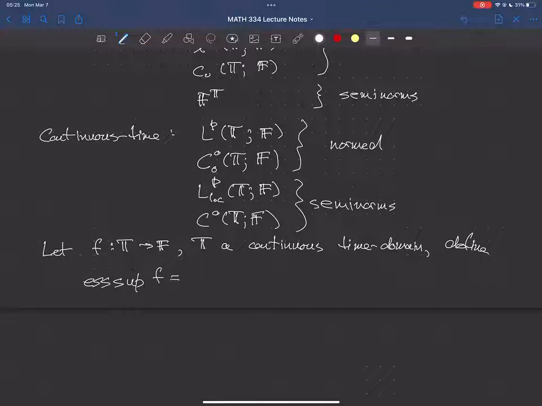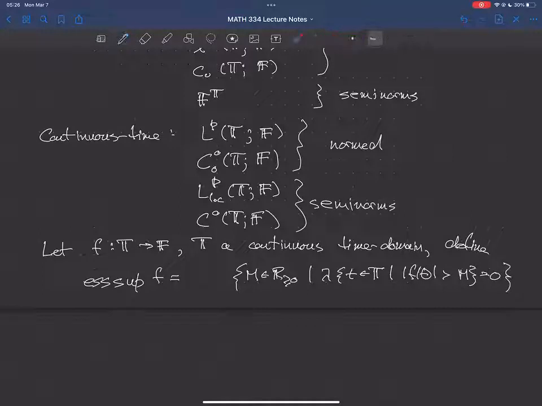You take the m's in the set of non-negative reals so that the Lebesgue measure of the t's in T for which the absolute value of f of t is greater than m is equal to 0.